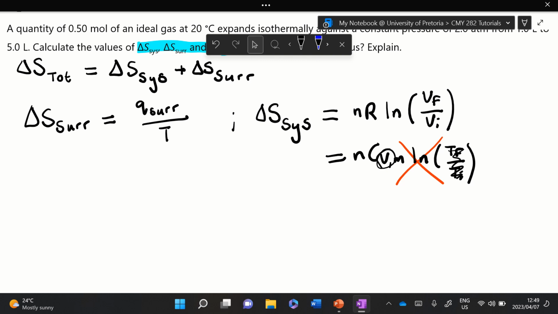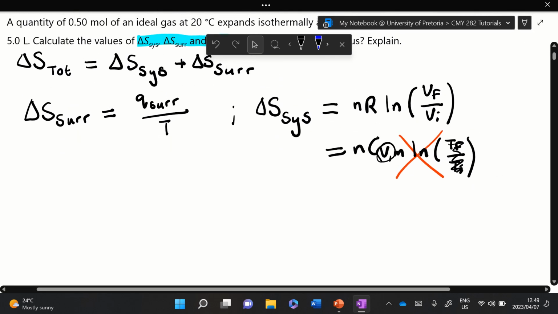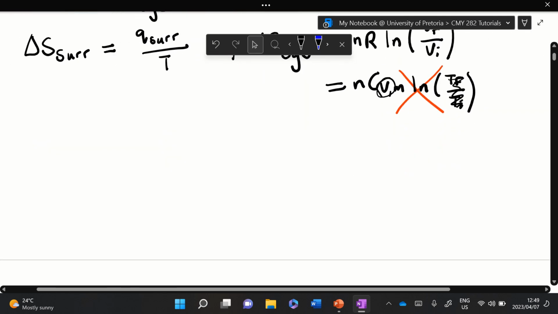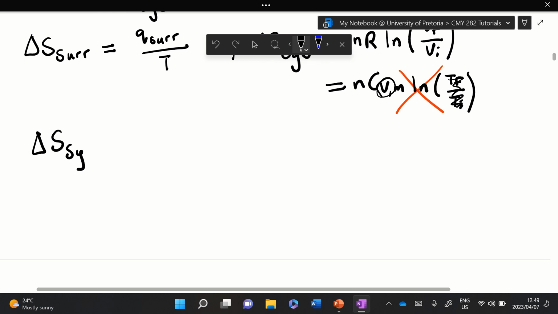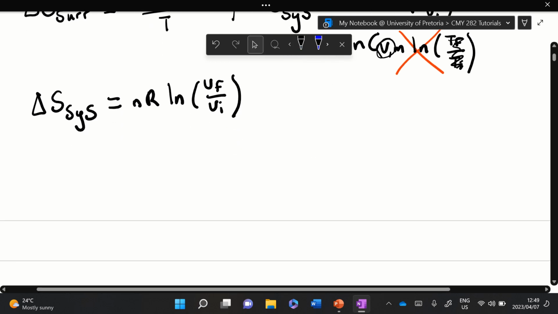All right, and then we just basically have to find a way to calculate these. So let's start with the one where we have immediately everything that we need, meaning the entropy of the system, because we're given everything here. So the entropy change of the system is nR ln Vf over Vi. That's 0.5 mole.